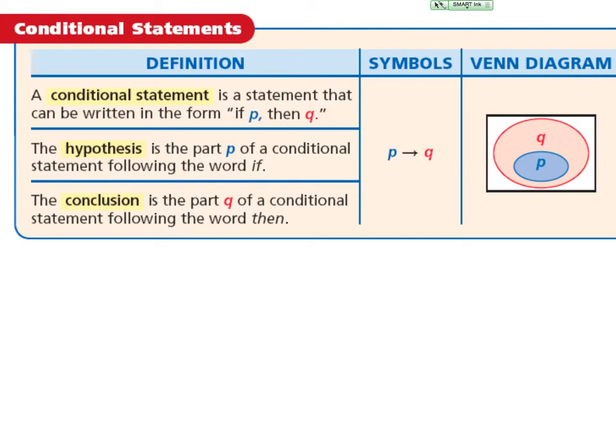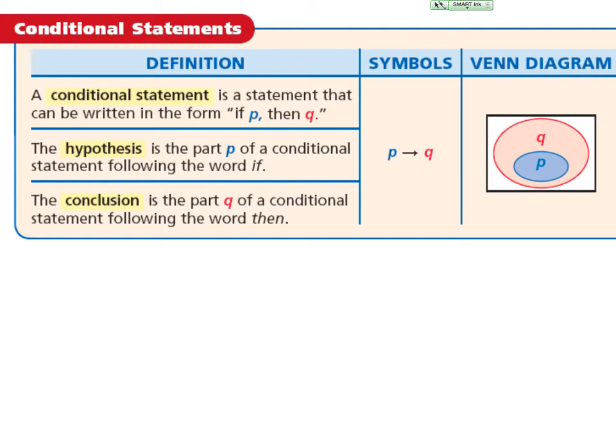The symbols, this arrow, notice it's not above like using it as a ray symbol. This is a different use of it. That arrow means that it's an if-then. P's the hypothesis, Q's the conclusion. So you interpret this as meaning if P, then Q. In a Venn diagram, and we'll do a couple examples that are Venn diagrams, the inner part is the hypothesis, the P part, and the Q part is the conclusion.